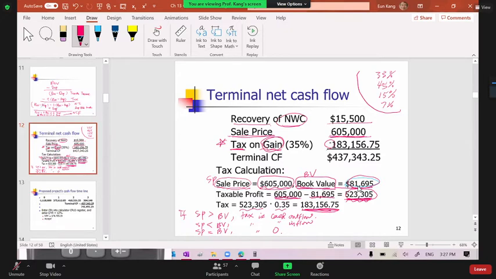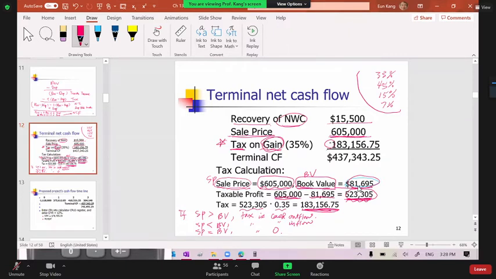Three cases. So don't forget that many people just multiply sale price by the tax rate. That's wrong, right? You have to make sure that you compare sale price and book value. If there's profit, tax. If there is loss, tax savings, positive cash flow.